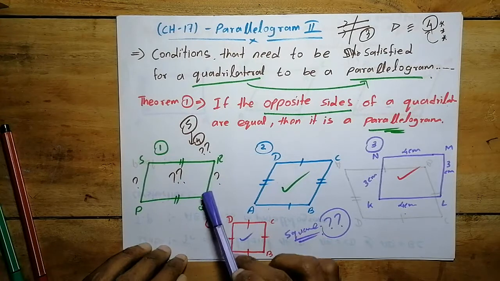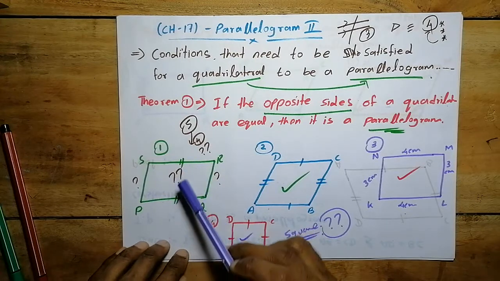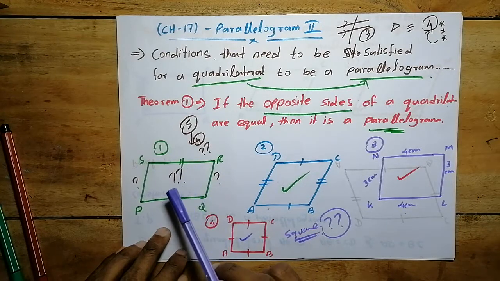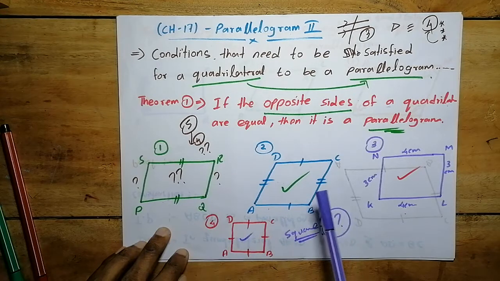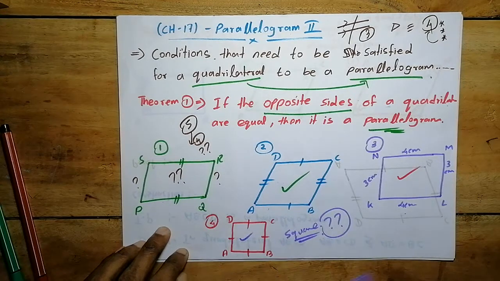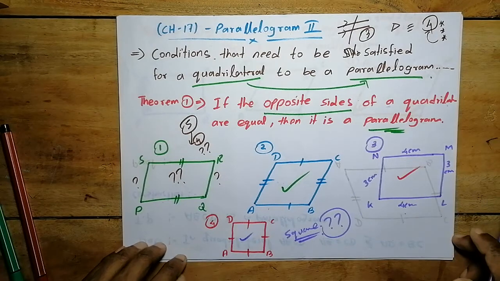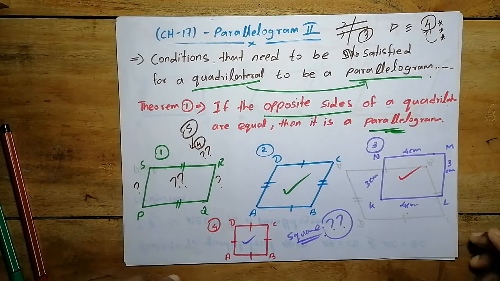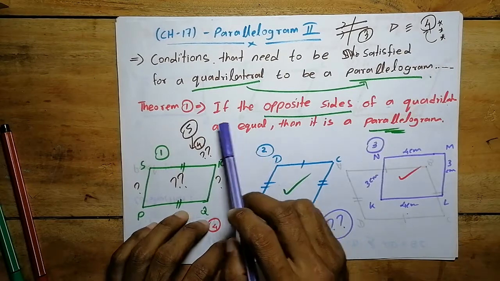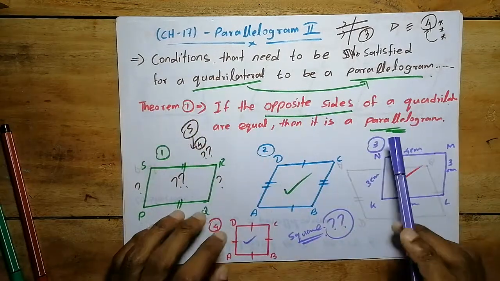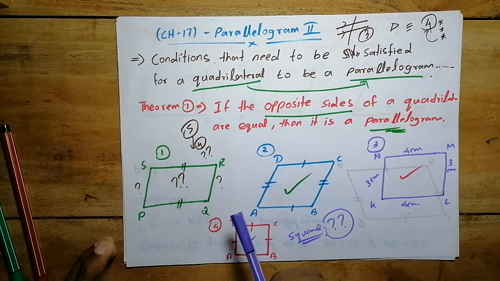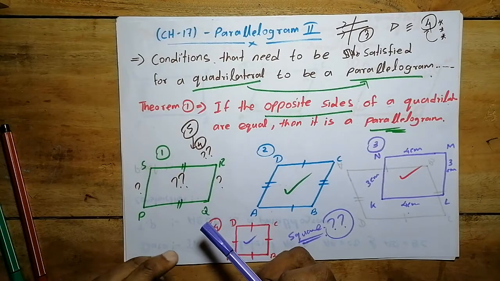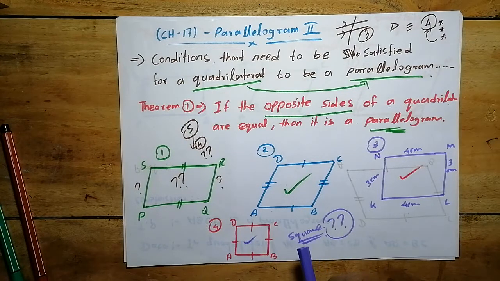So the figure 1 consists of only one pair of equal opposite sides, so it is not a parallelogram. In the second, third and fourth, both pairs of opposite sides are equal, so all are parallelograms. Okay, let's move on to the next part. If we study the theorem, we have a formal proof to understand it. So we'll go for the formal proof.